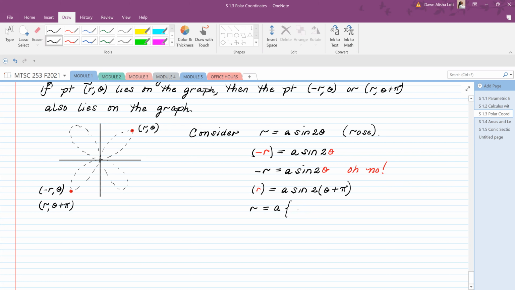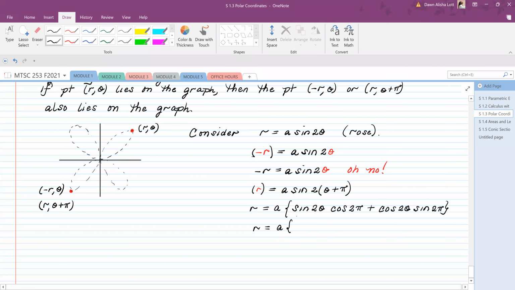I get the sine of 2 theta, the cosine of 2 pi, plus the cosine of 2 theta, the sine of 2 pi. So I get r is equal to a, I get the sine of 2 theta.